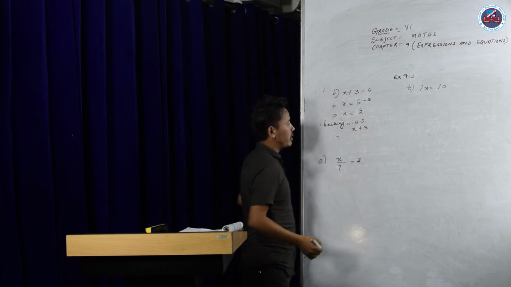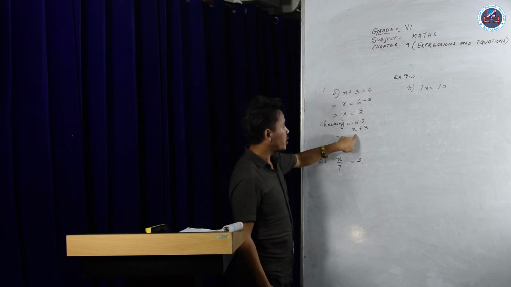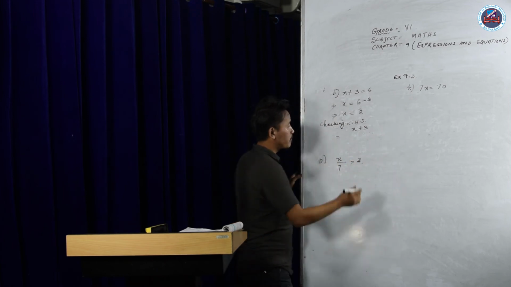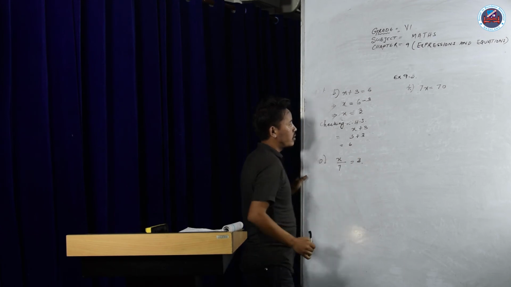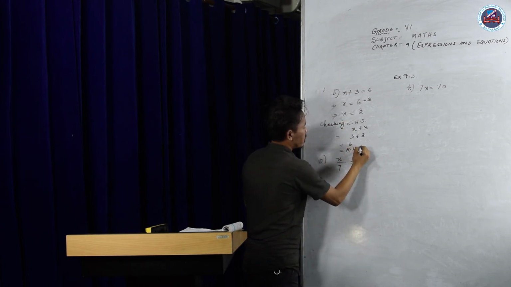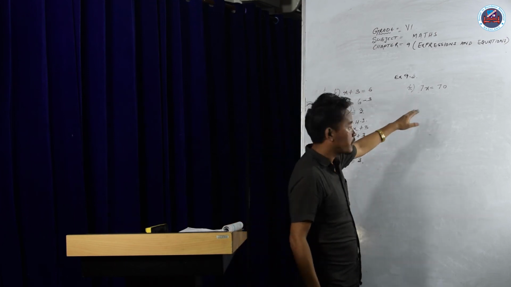What is the value of x that we got here? The value of x we got is 3, correct? So in place of x, I can write 3, right? So 3 plus 3 gives us 6, which is equal to the right hand side. Okay? Now in the same manner, let's move on to question number K.